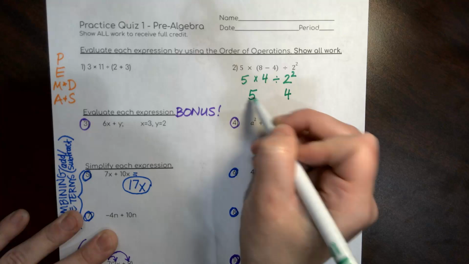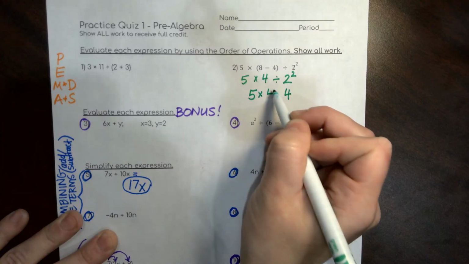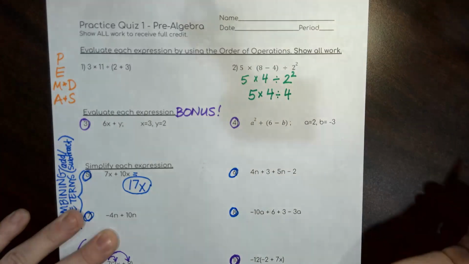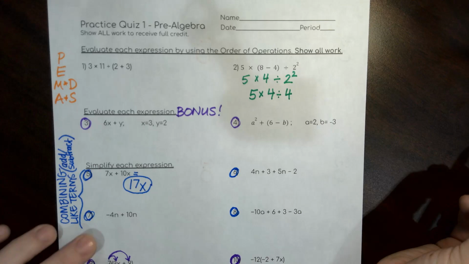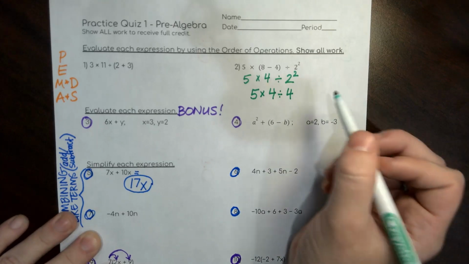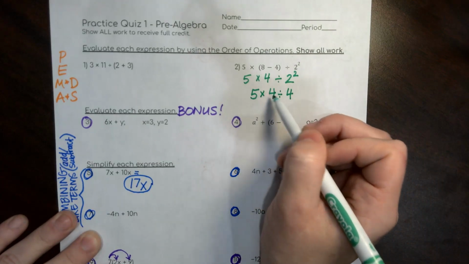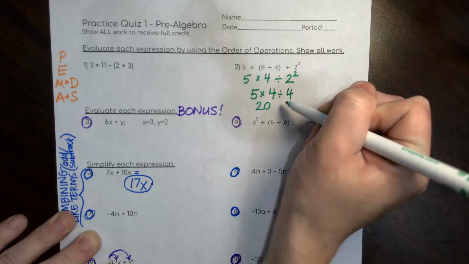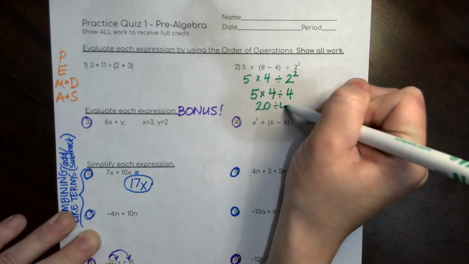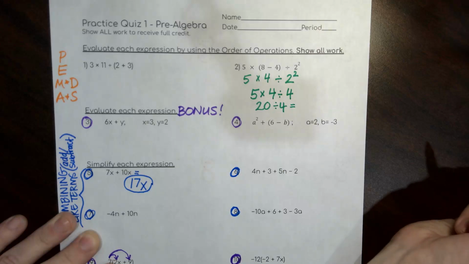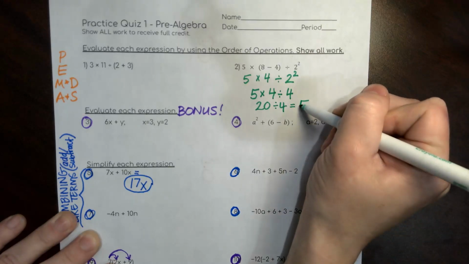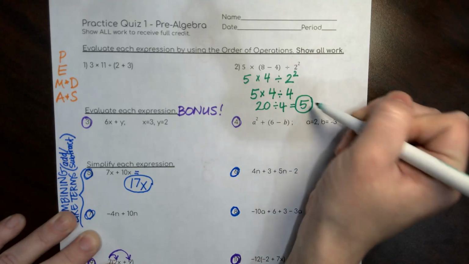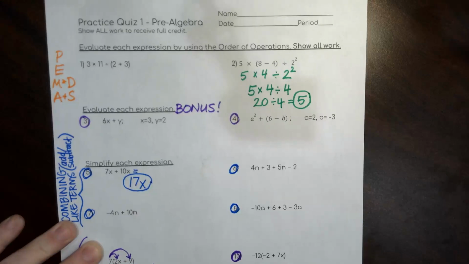So let's write that below. 5 times 4 divided by 4. Okay, now what? Multiplication. We're going to do 5 times 4, which is 20. We still have a divided by 4 to drop down. What's 20 divided by 4? 5. And that is your answer. Please circle your answers.